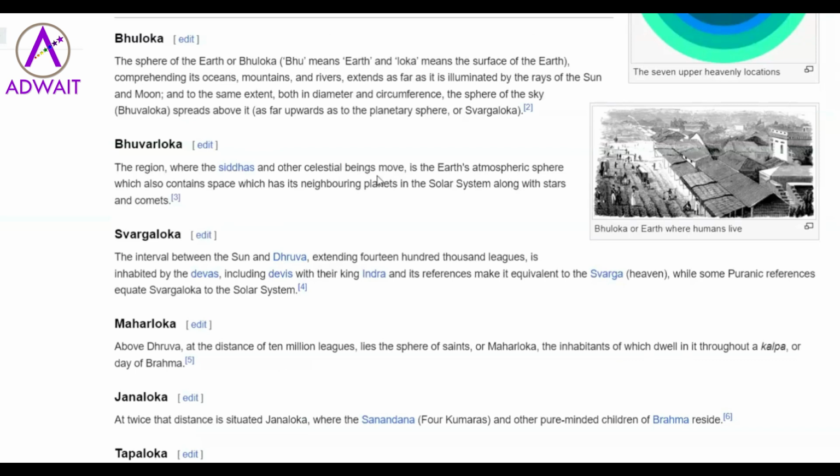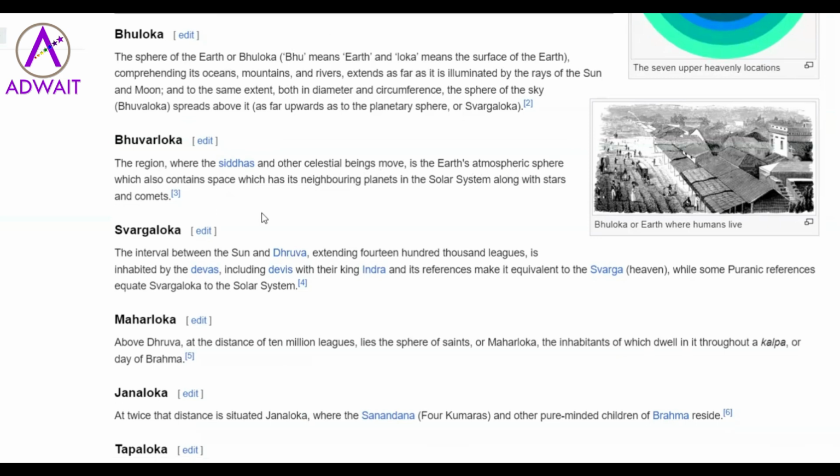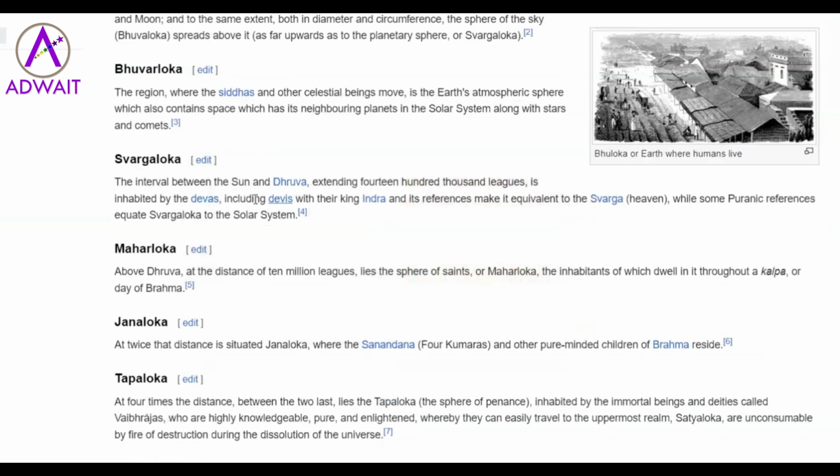This is Bhuvaloka, the earth's atmospheric sphere, which also contains space, which has its neighboring planets in the solar system, along with the stars and comets. Third is Swargaloka, the interval between the sun and Dhruv, extending 1,400,000 leagues, inhabited by the Devas, including Devis. This is Swargaloka.